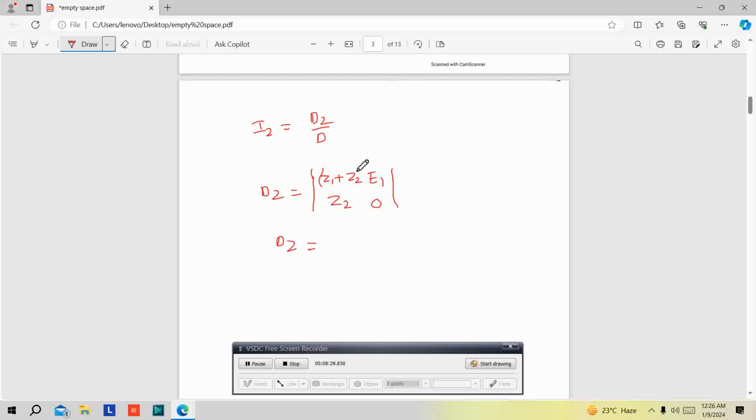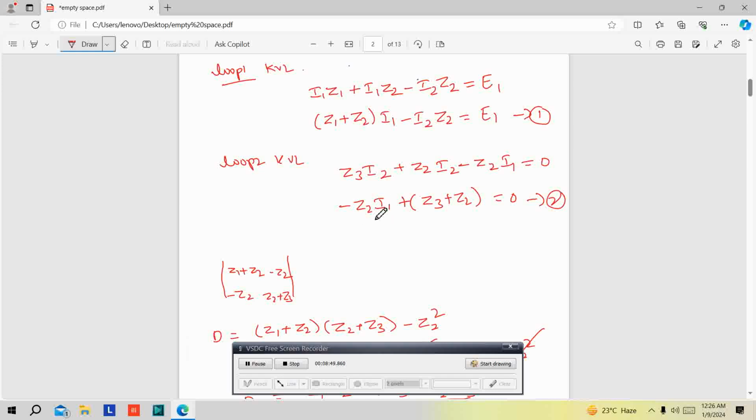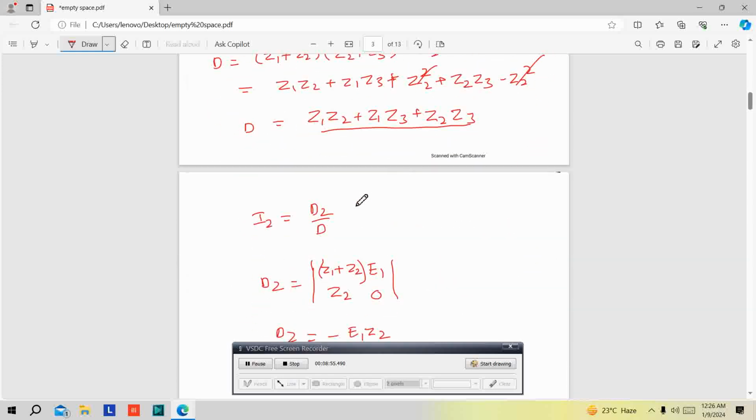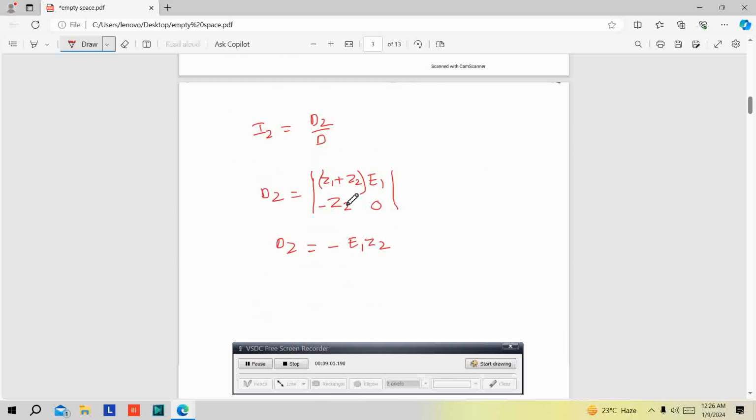Multiplying these, Z1 plus Z2 into 0 becomes 0, minus E1 Z2. Here the I1 coefficient is minus Z2, so this is 0 minus of minus, it becomes plus E1 Z2. So this is D2.